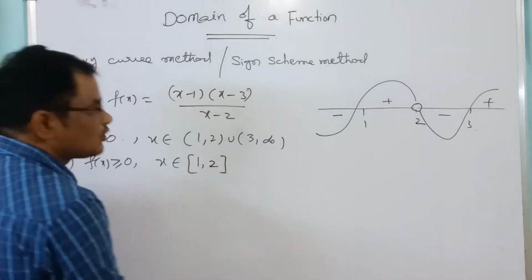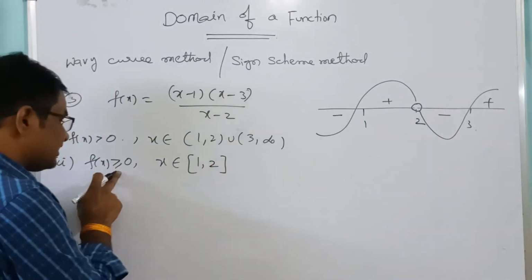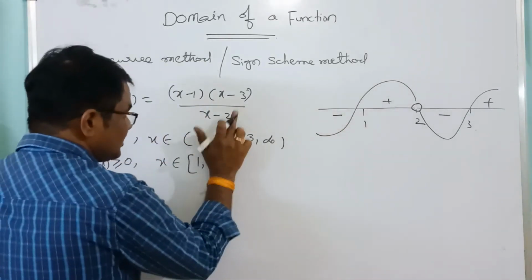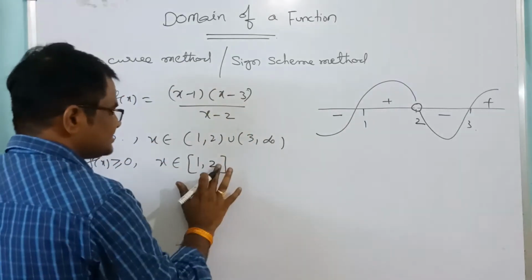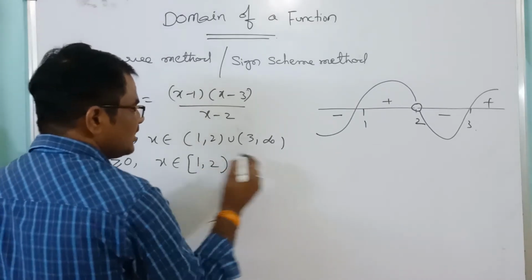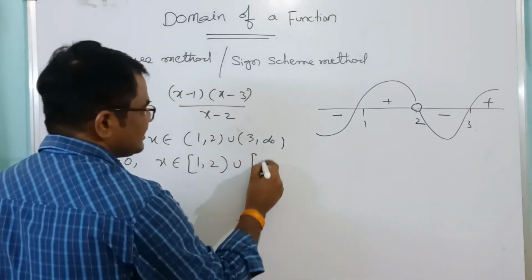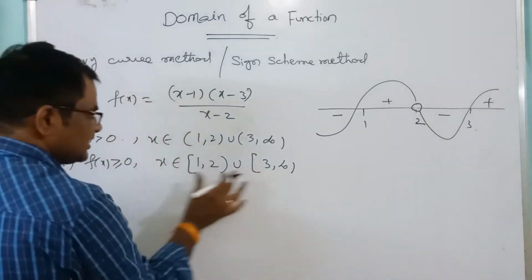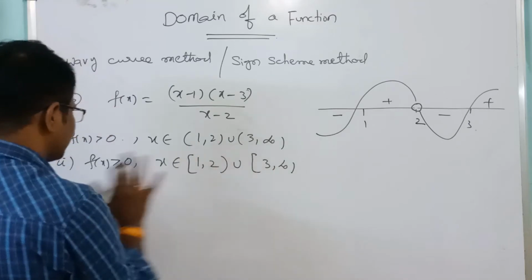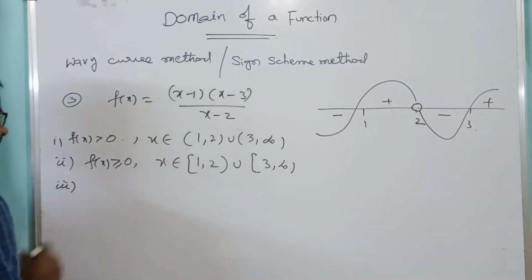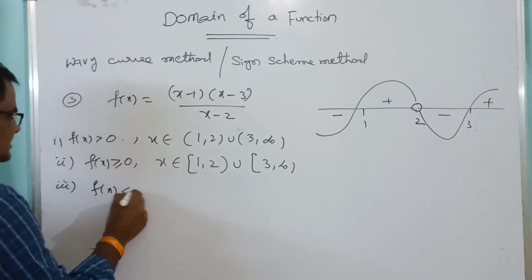And you can't take a closed interval at 2, even though f of x is greater than or equal to 0, because if you take x equal to 2, this function does not exist. So we take an open interval there, union closed interval 3 to infinity. In these regions, any value you take, definitely f of x is greater than or equal to 0. Next, third one, f of x is less than 0.